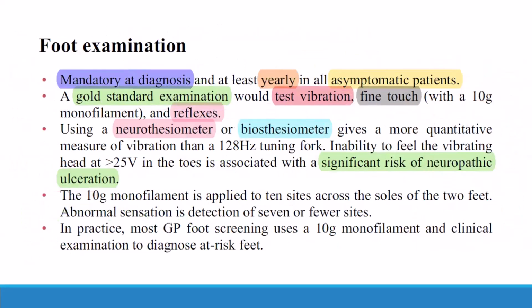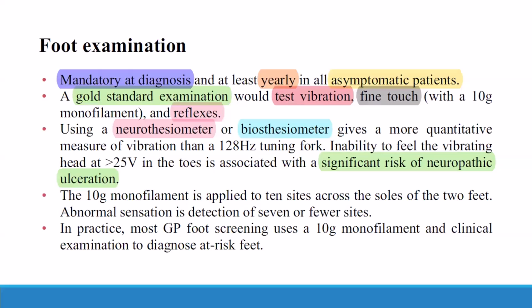Let's go to another part from my session today, foot examination. As we mentioned previously, diabetes mellitus is the most common cause of non-traumatic lower limb amputation. So a foot examination is mandatory at diagnosis and at least yearly in all asymptomatic patients.